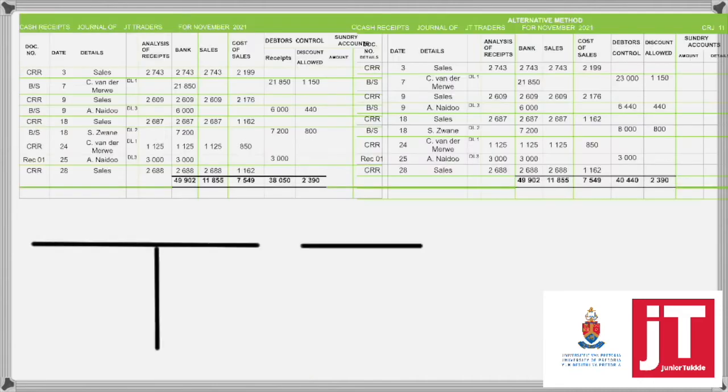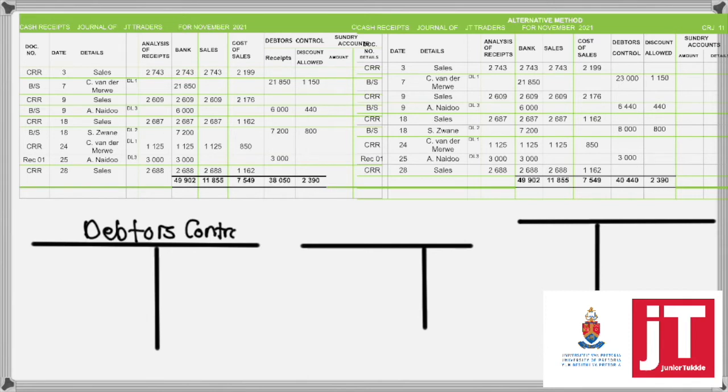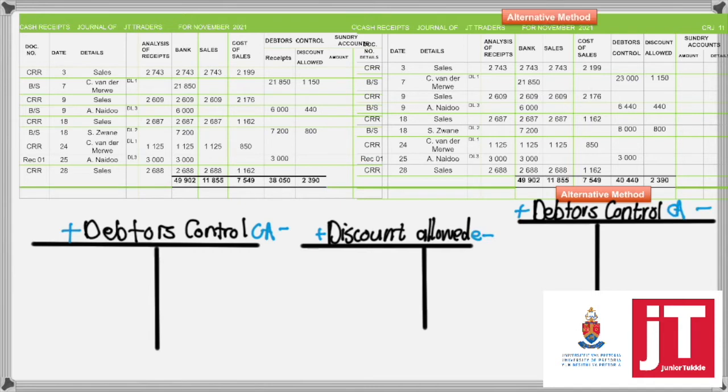Then we continue now. So if we look at the posting of the CRJ, I have the two CRJs here with the one standard layout on the left hand side and then the alternative layout at the top right hand side.